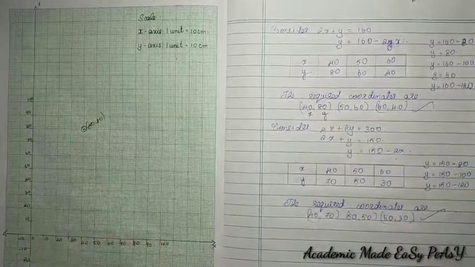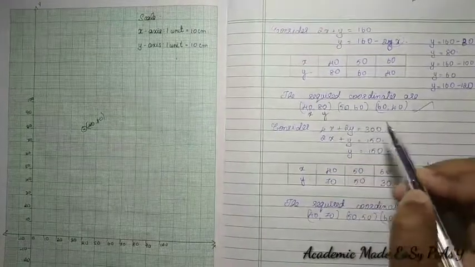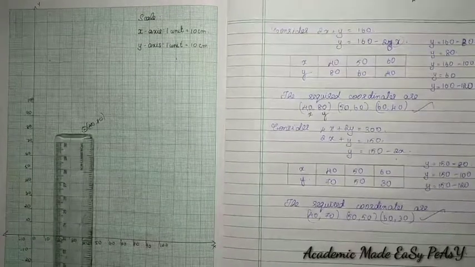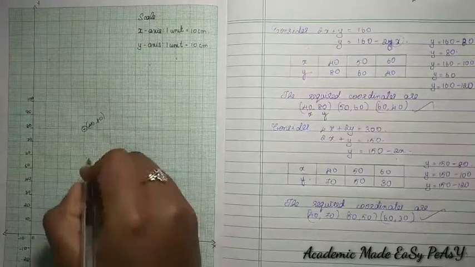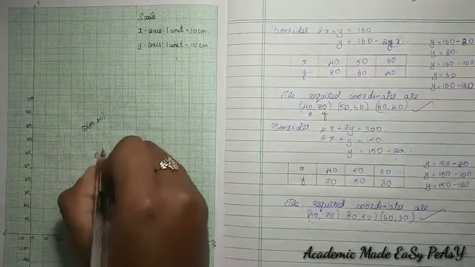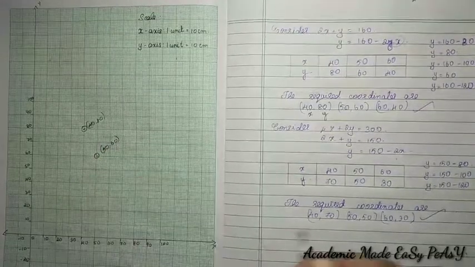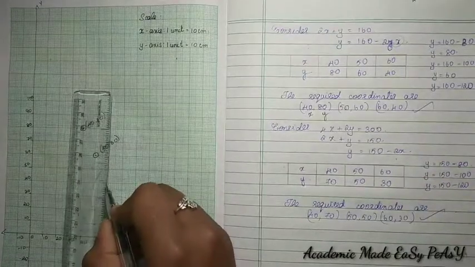Okay, now I will move on to the second one, that is 50, 60. My x 50 is over here and 60, no? So 60 is over here. I will be marking this point as 50, 60. Next it is 60, 40, no?